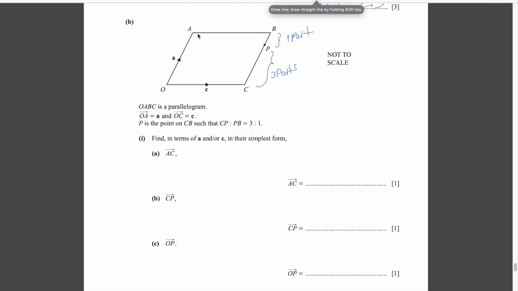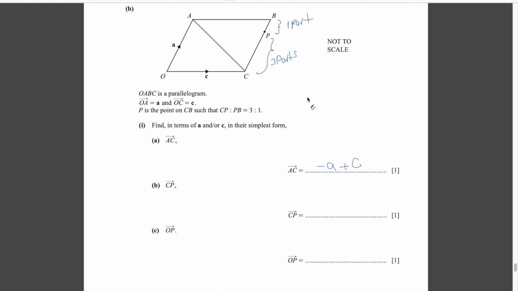AC is this vector. So AC, I start from A, so I move in this direction, which becomes negative A, and then plus C. From A to C, this is the path. Then CP. So CP is 3 out of 4 of A, because it's 3 parts out of 4 parts, and A is the whole vector A.